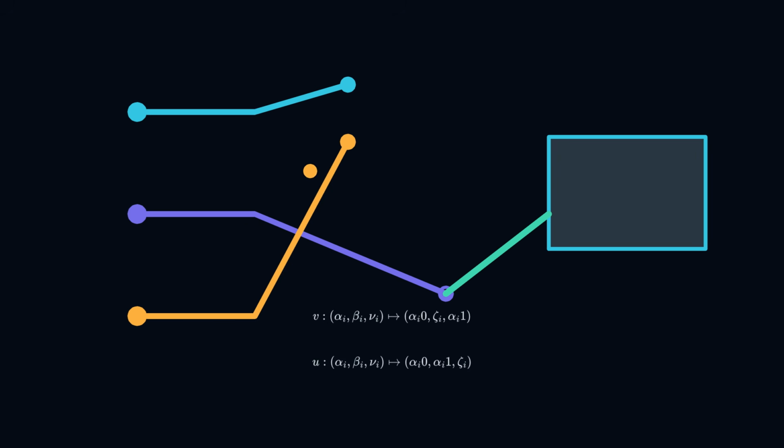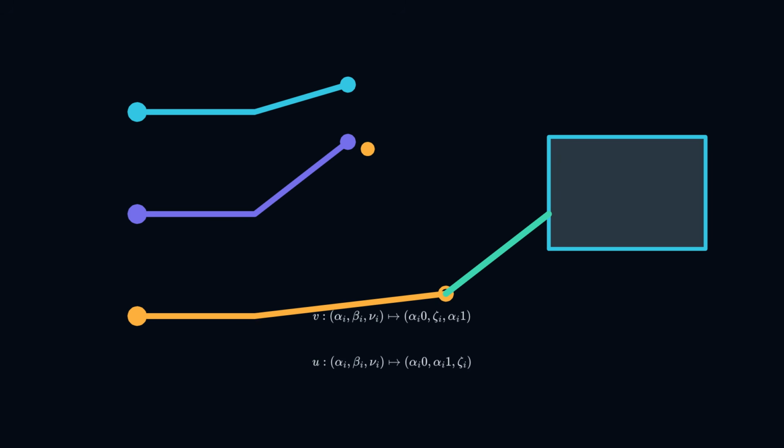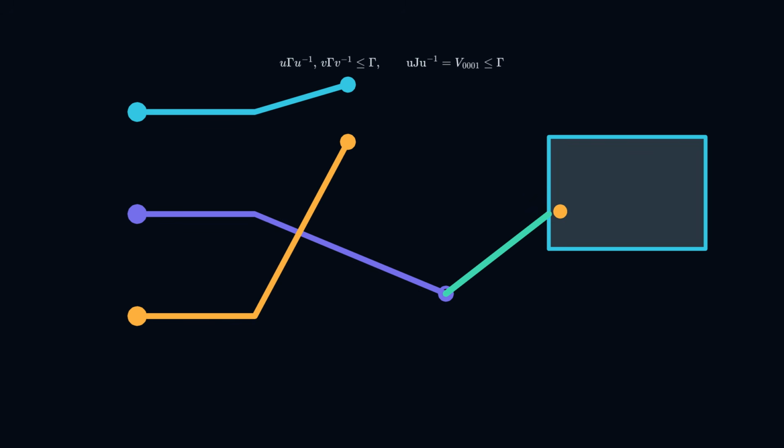More surprisingly, U moves the local Thompson group J from the cylinder 1000 into 0001, also inside gamma, and gamma together with U and V generates the whole group G. So a finite imitation must satisfy 3 demands at once: 2 commuting subgroup actions, 2 self-compressions, and enough routing to recover the ambient group. None of these demands is a contradiction by itself. The contradiction emerges when finite approximations are forced to organize their components.